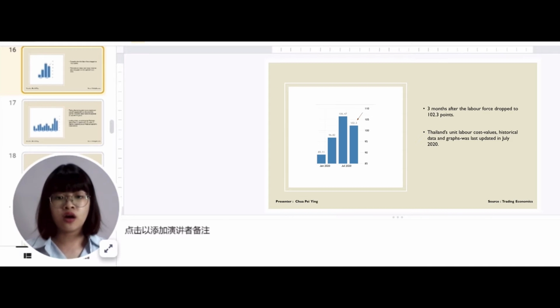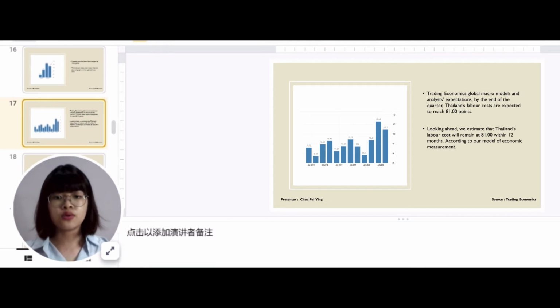Lastly, the overall chart of Thailand unit labor cost provides Thailand labor cost actual values, historical data, forecast, graph, statistic, economy calendar, and news. Thailand unit labor cost value, historical data, and graph was last updated in July 2020.